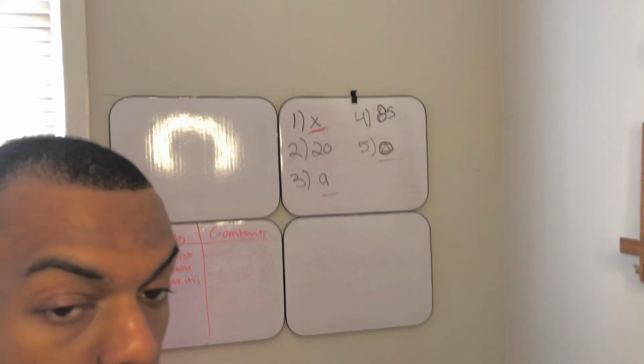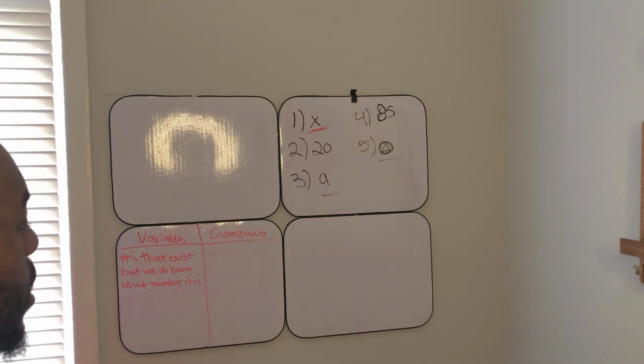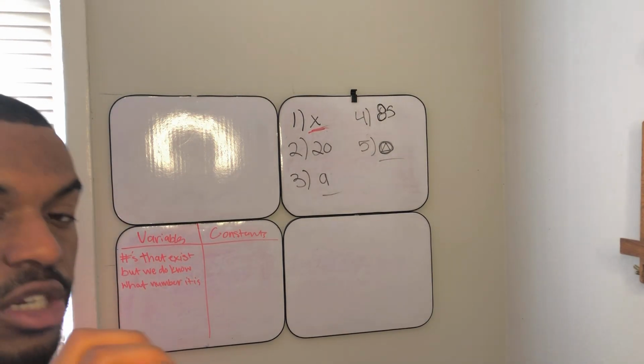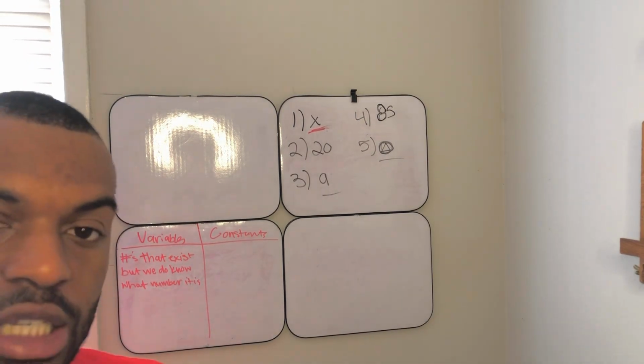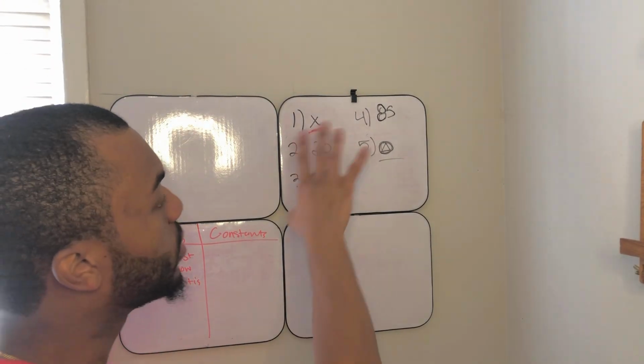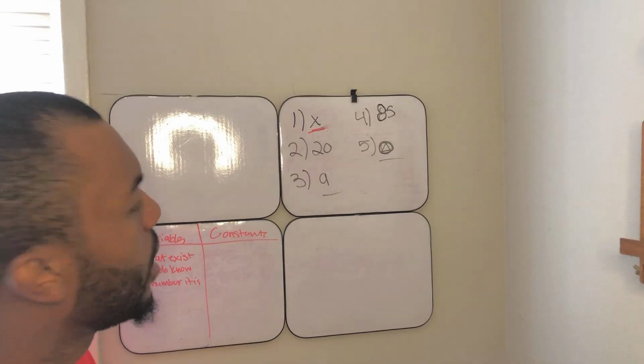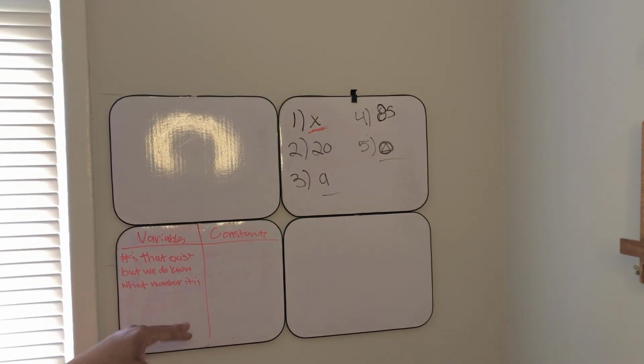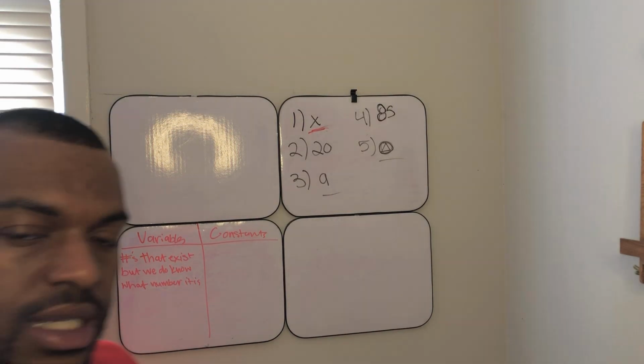That's one of the most important things to keep in mind. Variables are not zero. If I didn't drink any water yesterday, we would just put 0 right there. But the number exists, we just don't know exactly what it is.